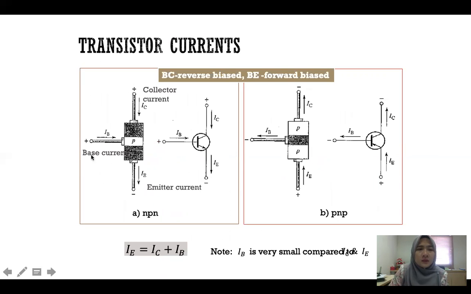Now let's look at the transistor current. This is your transistor and this is the symbol. This is the NPN. For the NPN, the arrow is pointing out, so the current flows like this. While for the PNP, the current flows from the emitter and out to the collector. Remember BC is always reverse biased, BE is always forward biased.